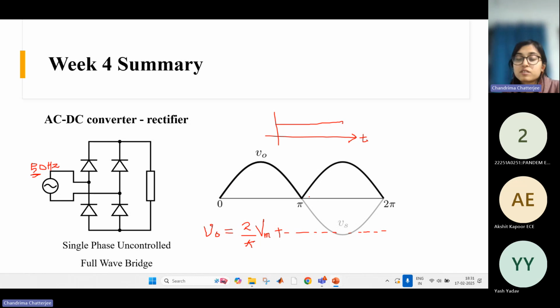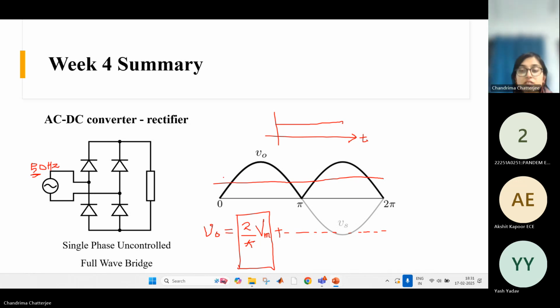Just do the Fourier analysis and check which terms you get from this kind of waveform. Okay. The average value is 2 Vm by pi. So there will be some average and along with that some sine and cosine terms. Okay. This is our full wave rectifier.